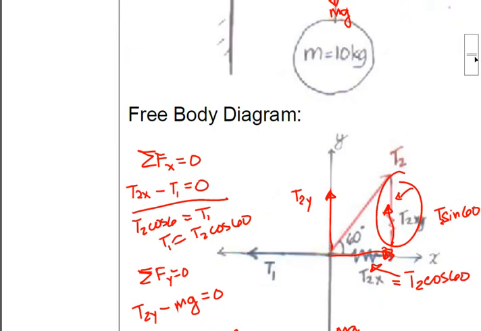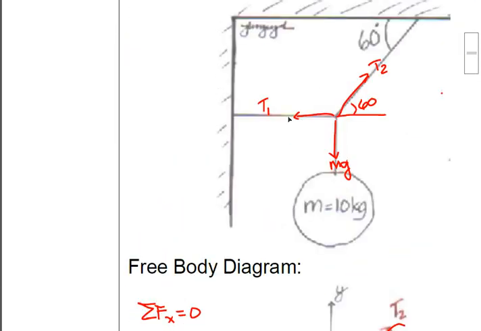you might be asking which of these two tension cords really supports or has more force supporting this object.